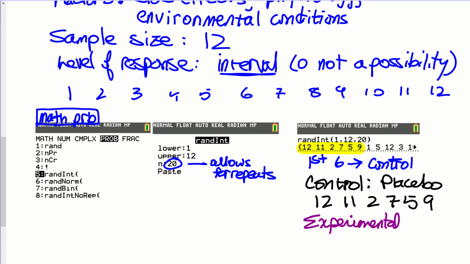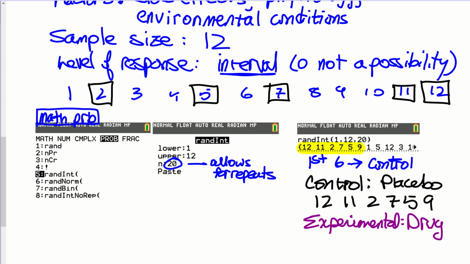So I'll just say drug. Try to keep it vague so that we can apply this to other situations. So that's everyone else, all right? So these are the folks that are getting the control. So my experimental group will be 1, 3, 4, 6, 8, 10.